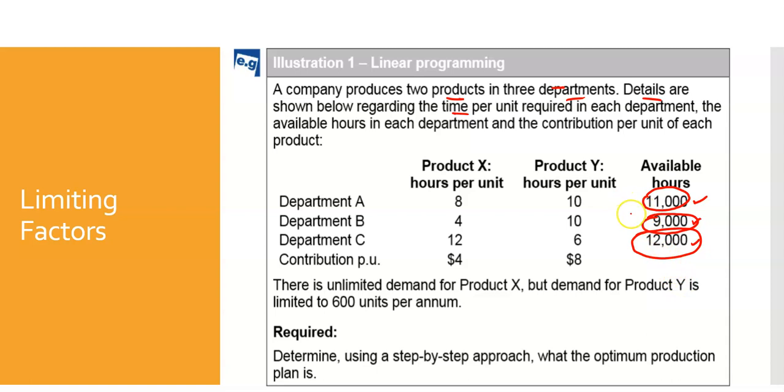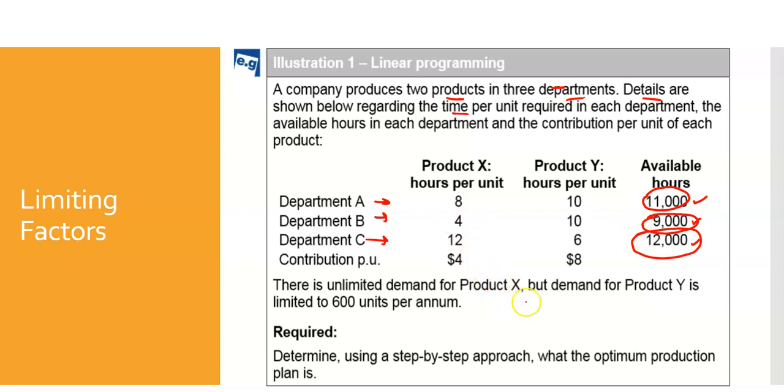So we're making two products that are going through three departments that don't have enough hours, as you can see. So the question is, how do we best make use of this time? That's the situation here that we're trying to analyze.